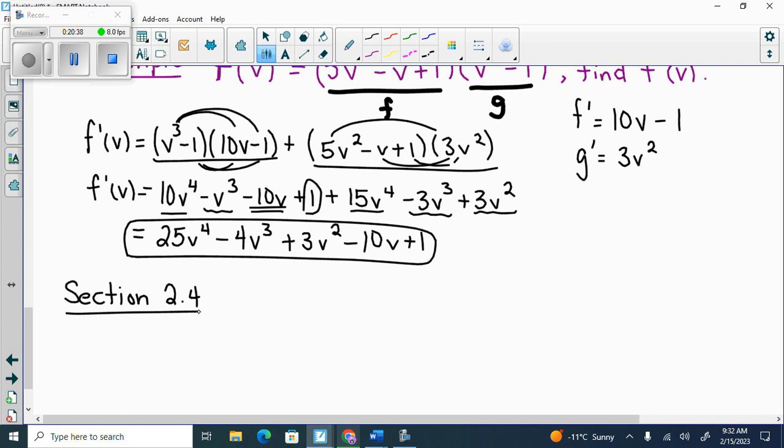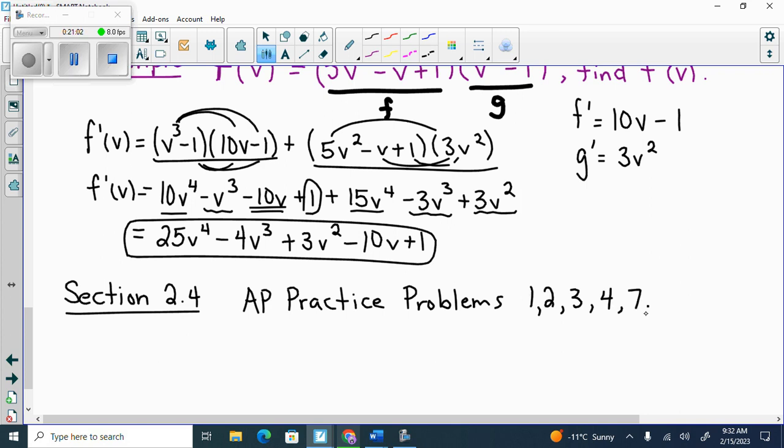So this is section 2.4. The AP problems you're going to have to do so far are one, two, three, 4, 7, 8.